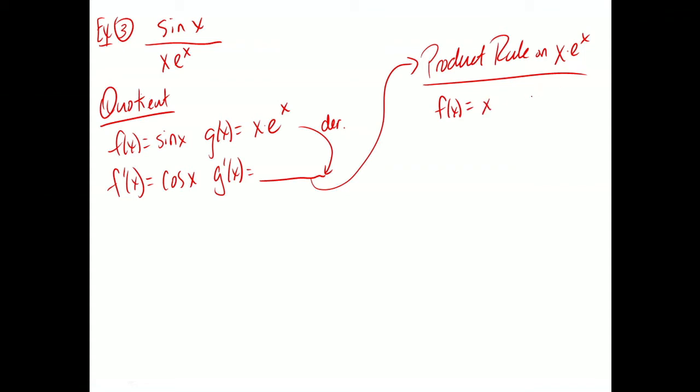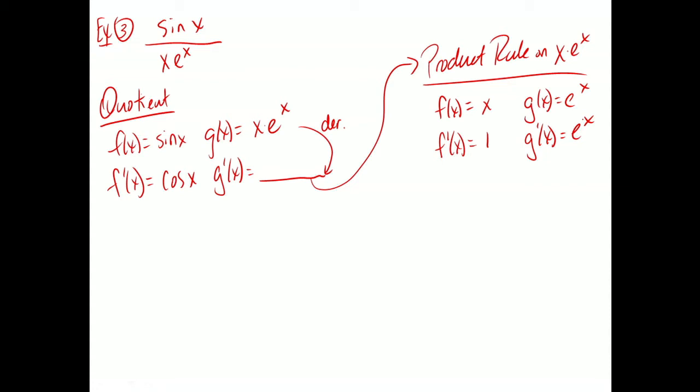So for the product rule over here, these are my f and my g, I think. Pretty easy. And these are both easy. These are both in my chart. The derivative of f is 1, and the derivative of g is just e to the x. So that's pretty simple.